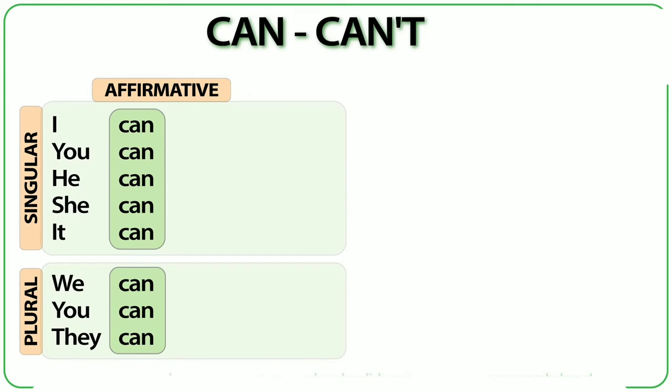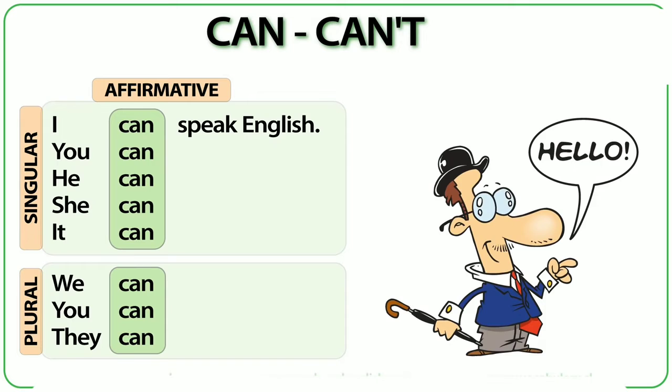You can see we use can with all subjects. I can, you can, he can, she can, it can, we can, you can, they can. Let's see some examples. I can speak English. Hello.